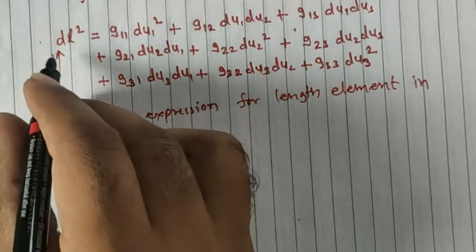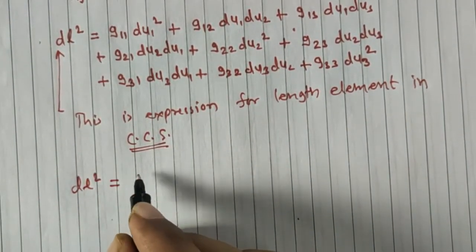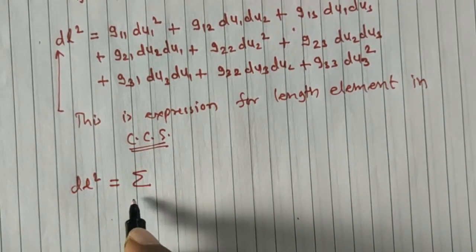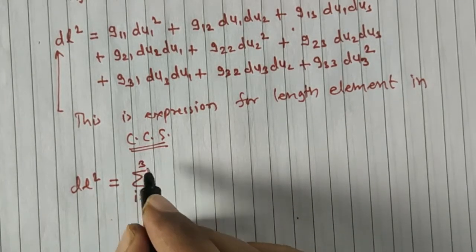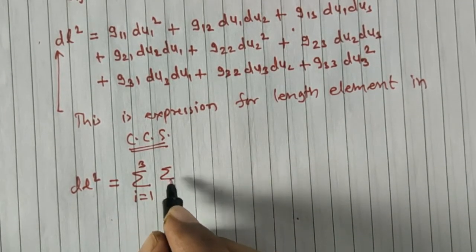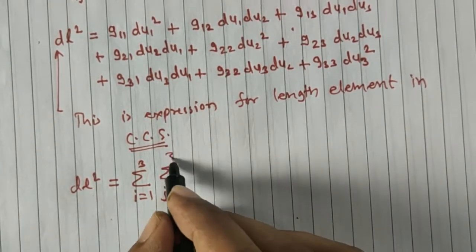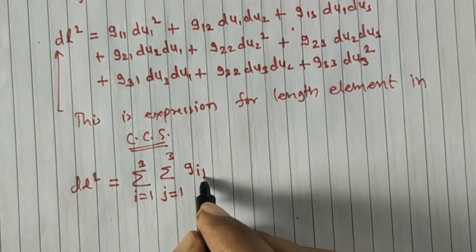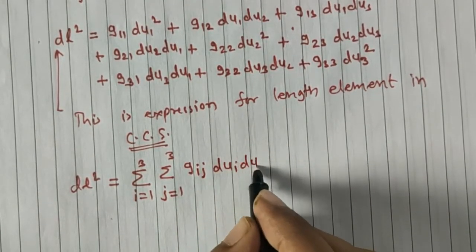Now I will again try to write it in terms of summation. So summation i running from 1 to 3, then summation over j, which is running from 1 to 3, gij dui duj.